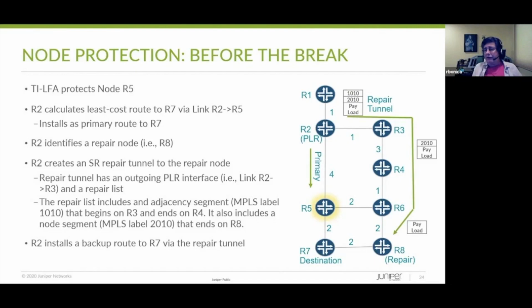R8 receives the packet, pops label 2020, and forwards the packet the rest of the way. So what you see here is this repair tunnel, the green line, it didn't follow the IGP least cost path from R2 to R4. But it was traffic engineered in such a way that it pushed past the nodes that it would have otherwise had to go through.